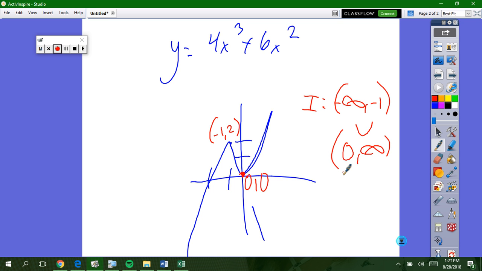Then the other thing we need to talk about is decreasing. Where is this graph decreasing? -1 to 0. Okay? With that being said, you now should be able to answer quite a few extra questions that maybe you had on your own.